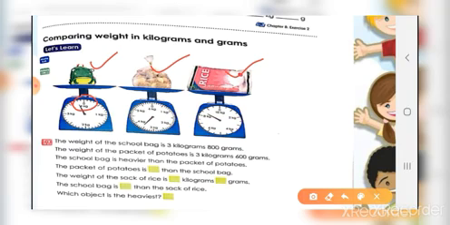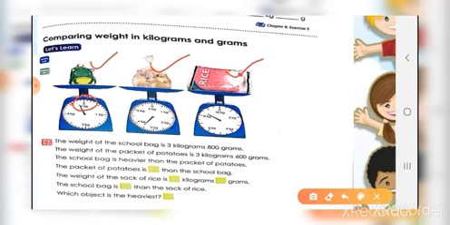Now what does each interval on the scale stand for? So it is 100 grams. Now look at the weighing scale in the middle. Up to how many kilograms can this weighing scale measure?